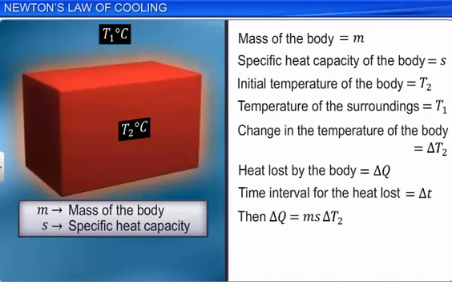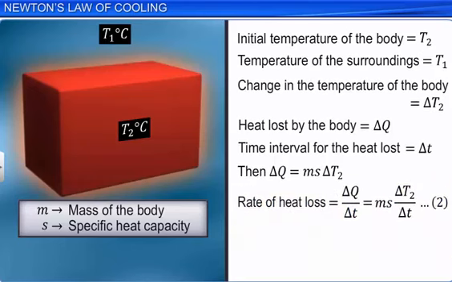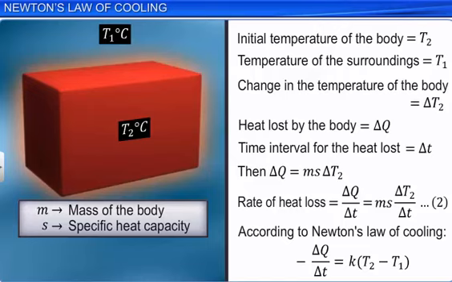But according to Newton's law of cooling, we have minus delta Q by delta t is equal to K into T2 minus T1. Let this be equation 3.